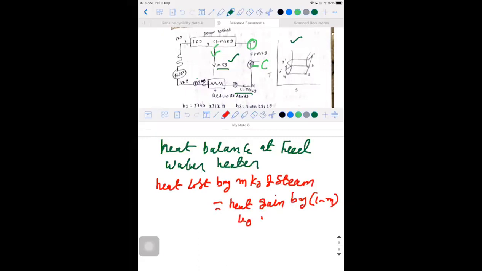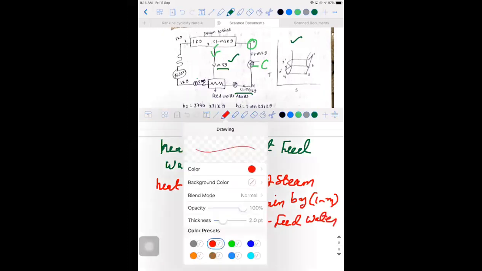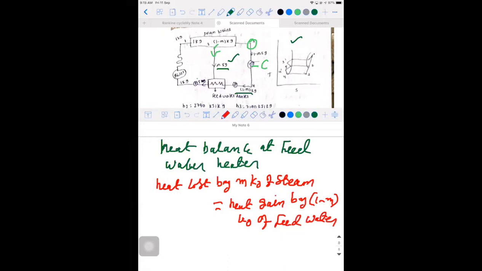The m kg of steam is entering at state 2 and leaving at state 5.